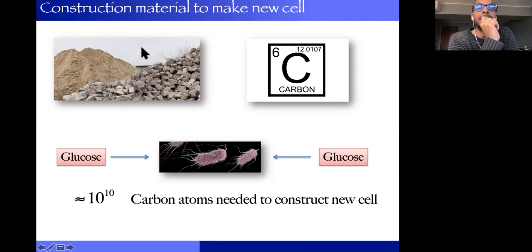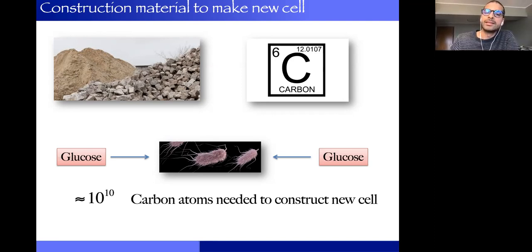And so in order to generate new amino acids, the cell needs glucose. Okay, glucose is a sugar, and using the numbers that we had before of 10 to the 6 proteins, roughly you need about 10 to the 10 carbon atoms to generate a new cell in the cell division process. Okay.